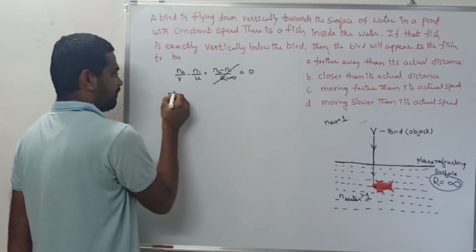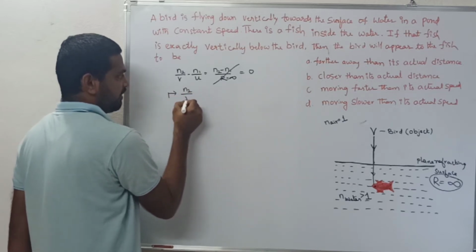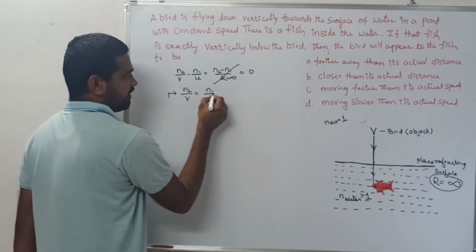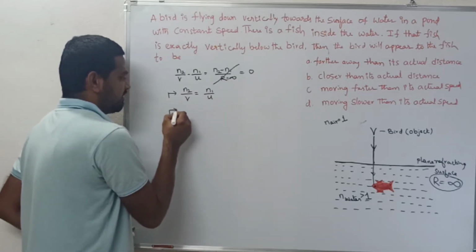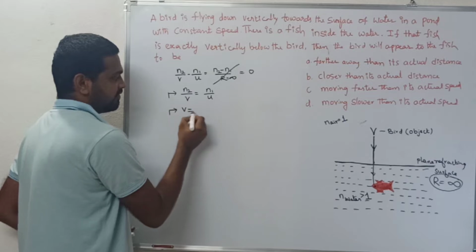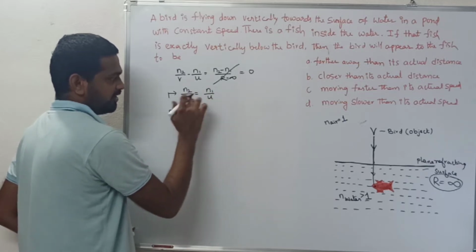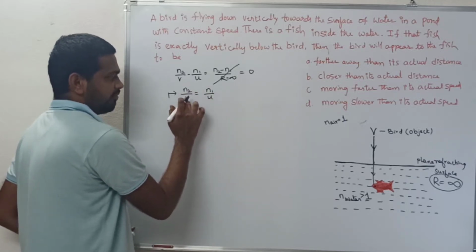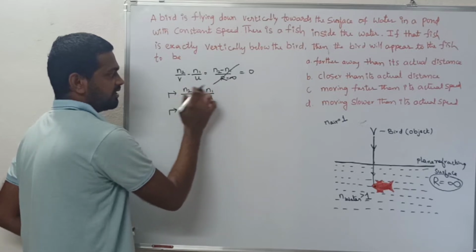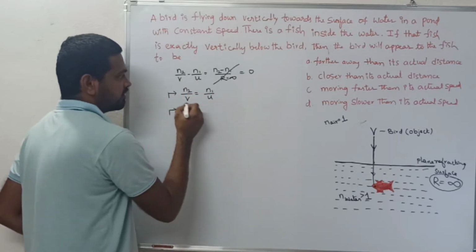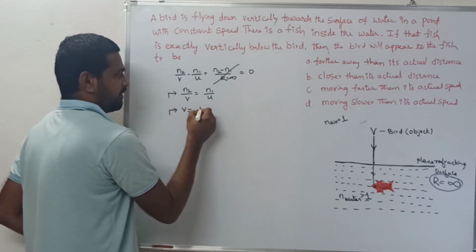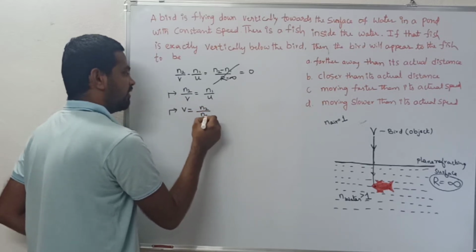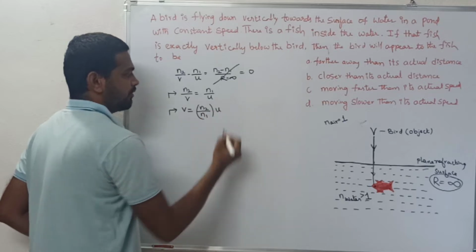Then you will have N2 by V is equal to N1 by U. Now I am expressing this equation to get the image distance. Cross multiplying, V can be written as N2 divided by N1 times U.